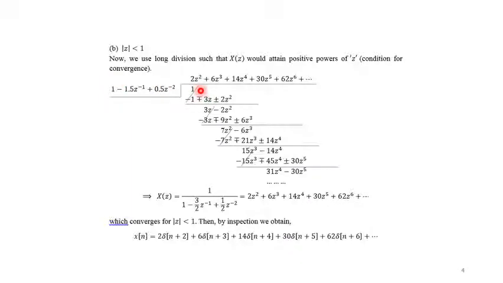So again doing the same thing, dividing 1 by 1 minus 1.5 z inverse plus 0.5 z power minus 2. Now to do this, what should I multiply with 0.5 z power minus 2 to obtain 1?